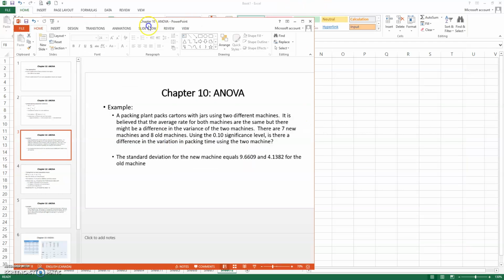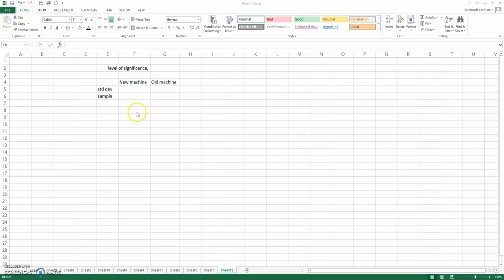So I'm going to go into an Excel file here. Copy down some of this data we have. We're testing at the 0.1 level, 10% alpha. The standard deviation for the new machine is 9.6609. Old machine, 4.1382. Sample size, 7 new machines, 8 old machines. The test statistic uses variance in its equation, so we have to calculate the variance from the standard deviation.